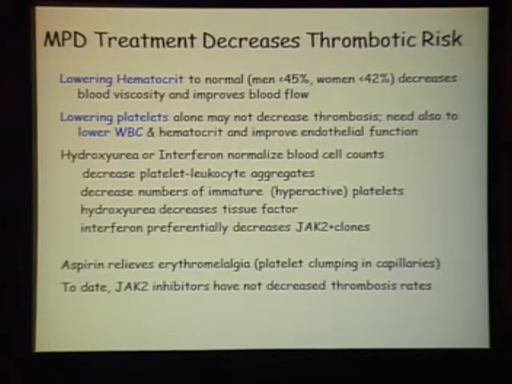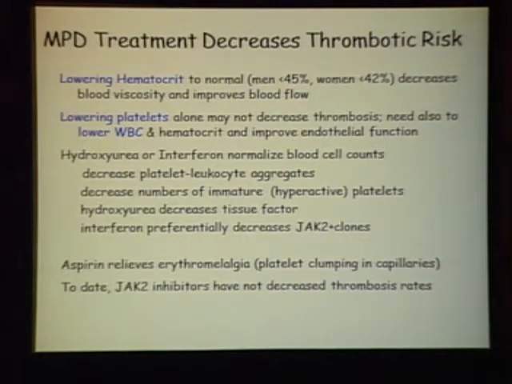Lowering the platelet count by itself, by whatever means, may not decrease the thrombotic risk. And it is likely that one also needs to decrease the white cell count and the hematocrit as well in order to come back more to a normal hemostatic balance.